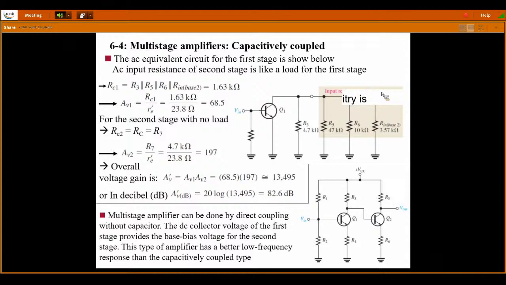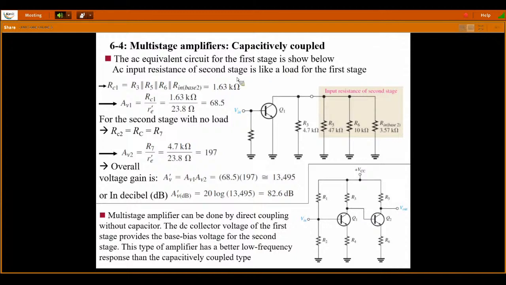This is the simple calculation. This is the input resistance of the second stage, calculated by considering R3, R5, R6 and R7. The multi-stage AC equivalent circuit for the first stage is shown below.